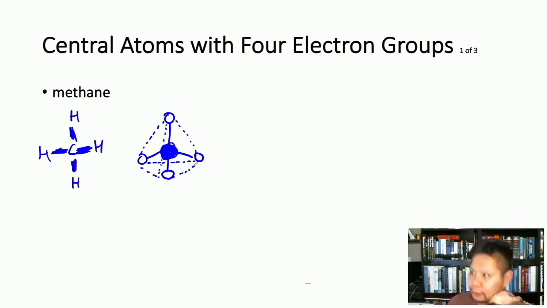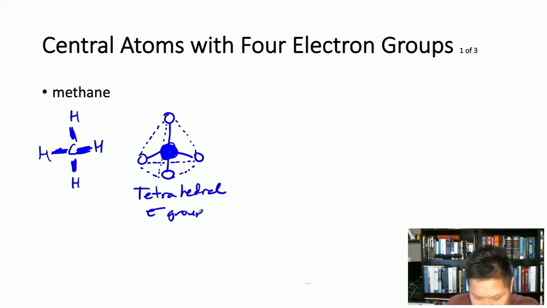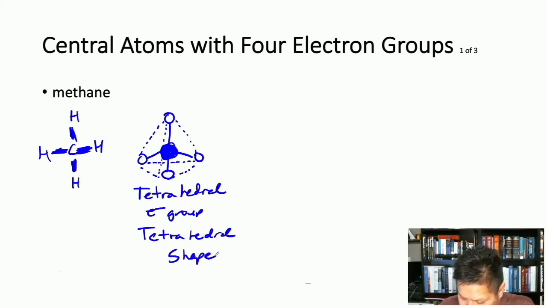Now they're as far apart as possible, and they follow VSEPR theory, right? This is known as a tetrahedral electron group, and it's also a tetrahedral shape. Right? And it's important to note that the angle here between these bonds is 109 degrees. Right? 109 degrees.